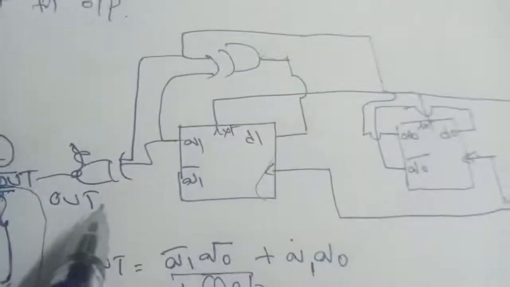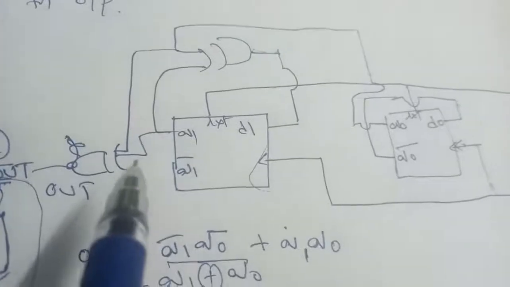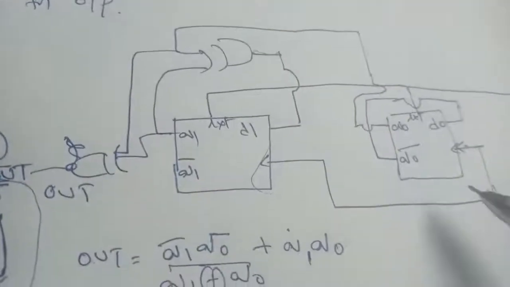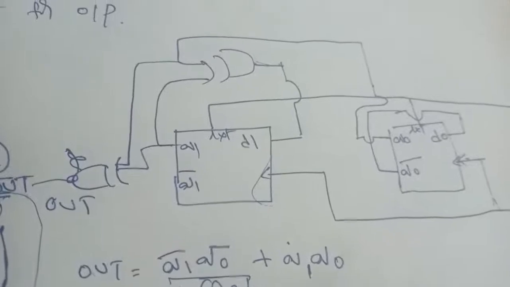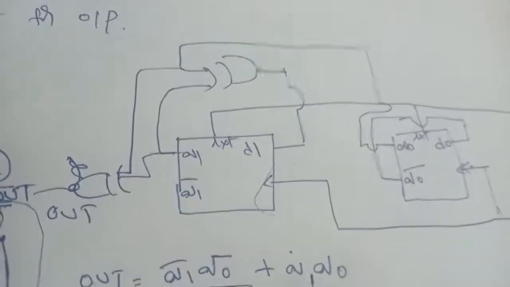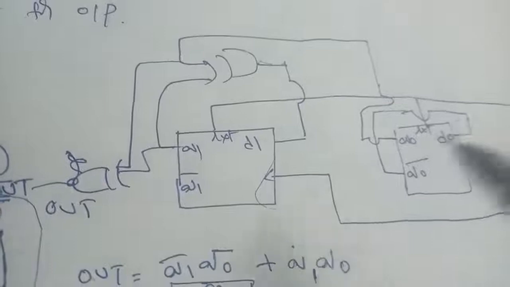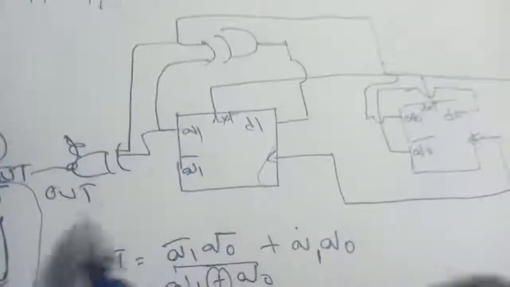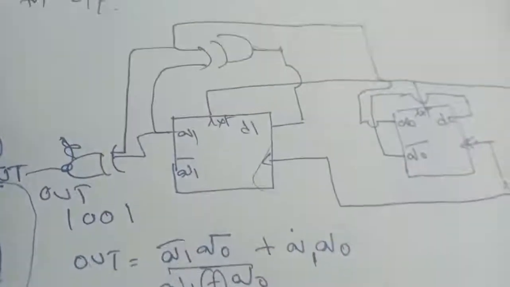This circuit counts 2-bit numbers from 0 to 3, and it gives the output as the required sequence 1001 as per our question.